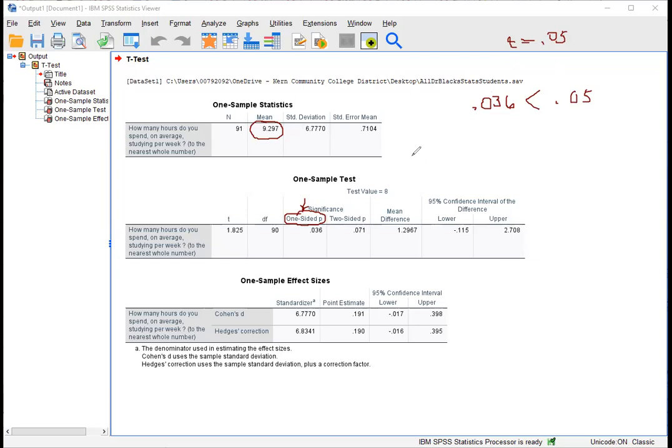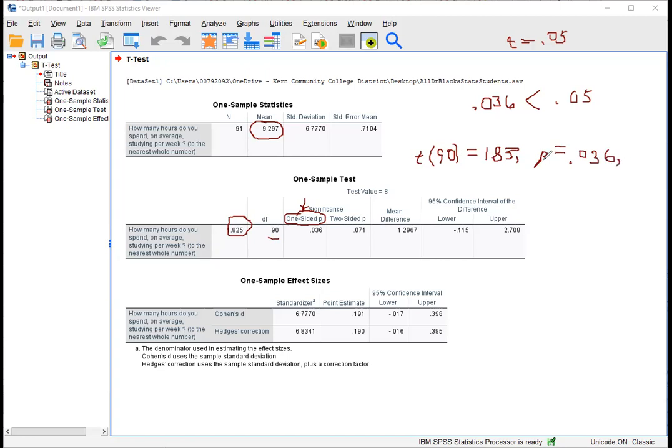We would write this out. We would write: Bakersfield College students study more than 8 hours a week, comma, t, parentheses, degrees of freedom, which is 90. We can see that right here. Equals, we put our t value in, which is 1.833, p equals, we always put what it actually is, equals 0.036.